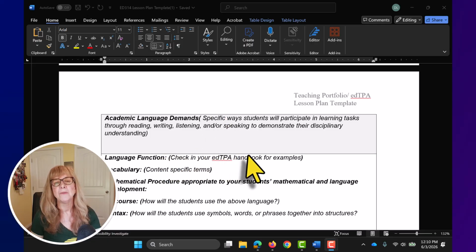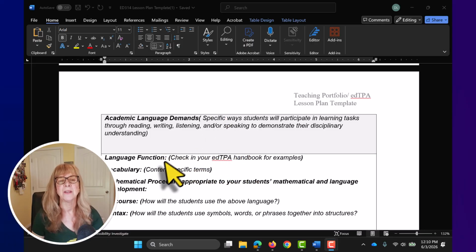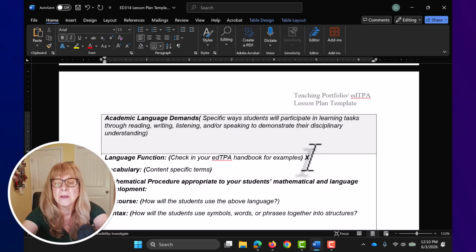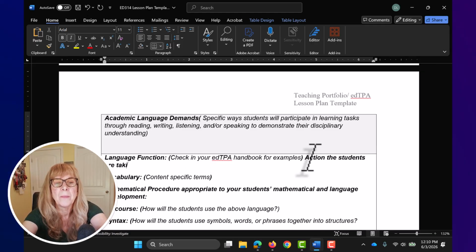So anyway, since you don't have a handbook, I'm going to tell you what language function means. Language function simply means the action that the students are taking. So let's type that in here, right? The action the students are taking.